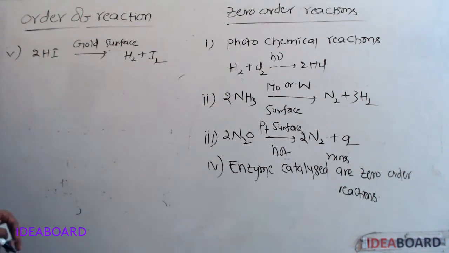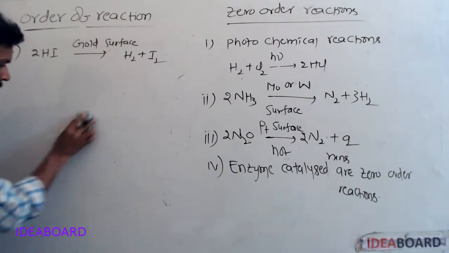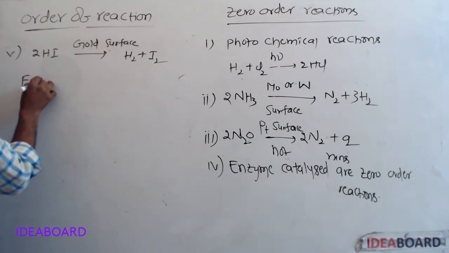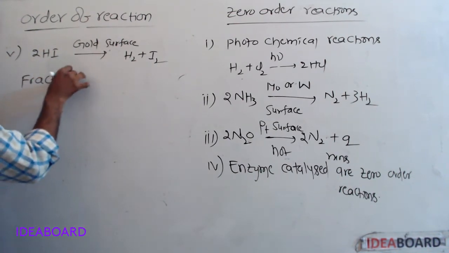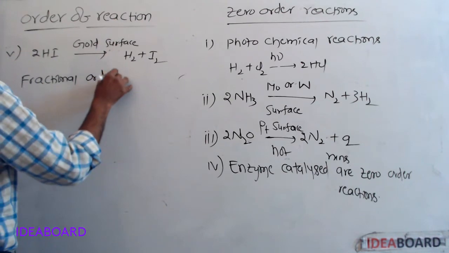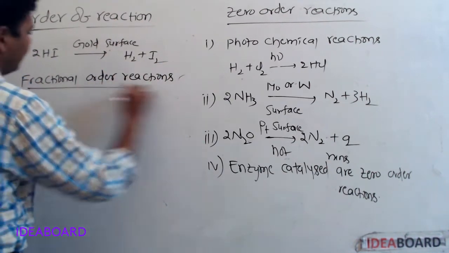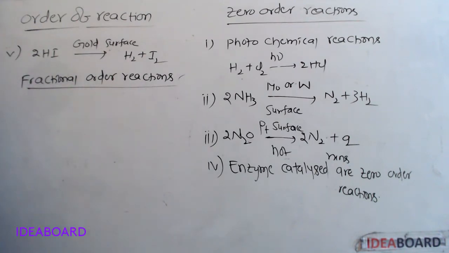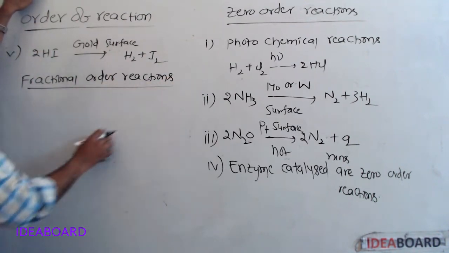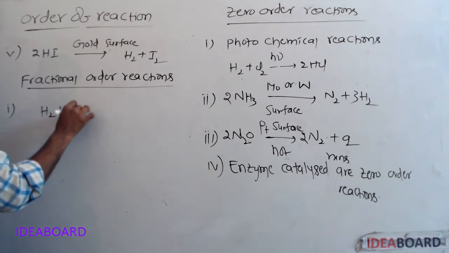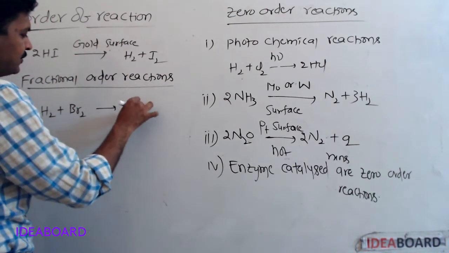Next, fractional order reactions. Examples. See, first one, H2 plus Br2 gives rise to 2HBr.